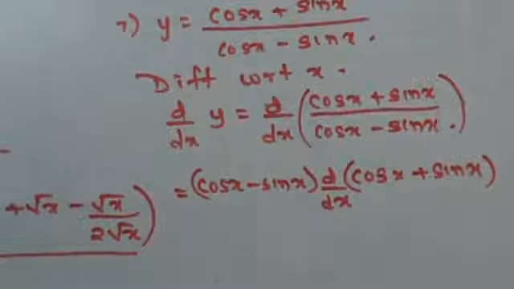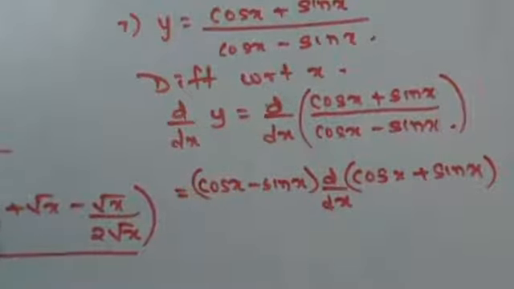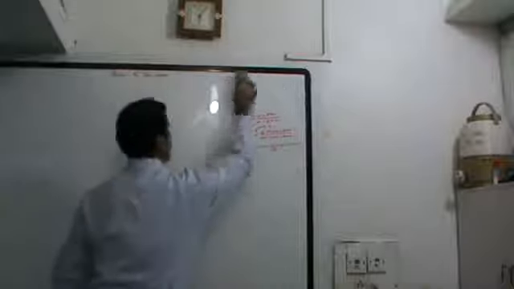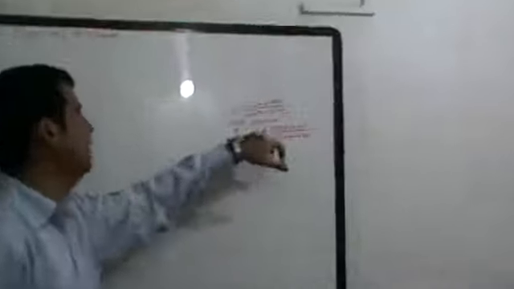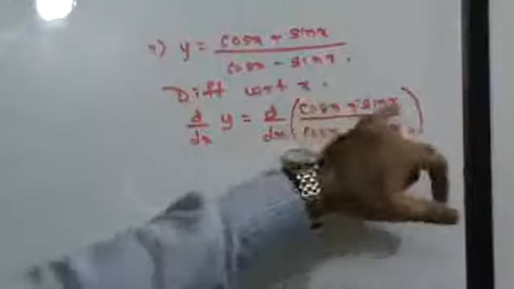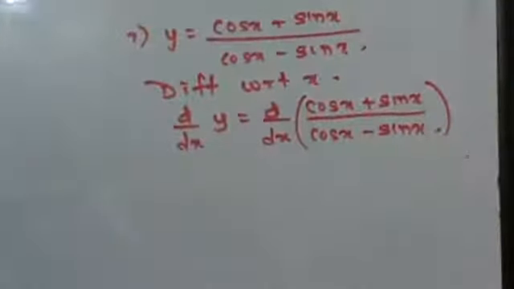I think I'll start the sum again because there's not much space here. Let's start the sum again. We've done up till here dy dx of cos x plus sin x upon cos x minus sin x.